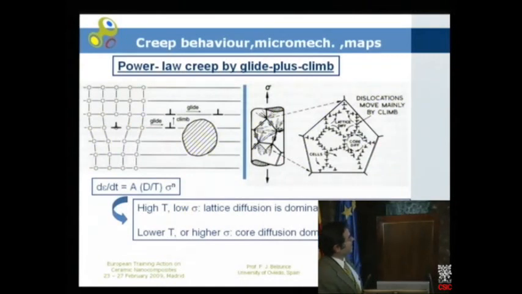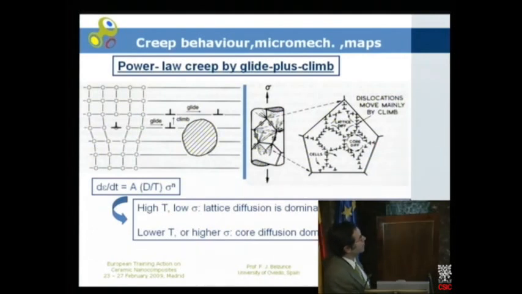High temperature creep is when the conditions are high temperature and low stress. In this case, the diffusion which makes possible the climb of the dislocation is lattice diffusion. So this is the dominant diffusion mechanism. And when we are dealing with lower temperature or higher stress, the diffusion phenomenon is core diffusion.